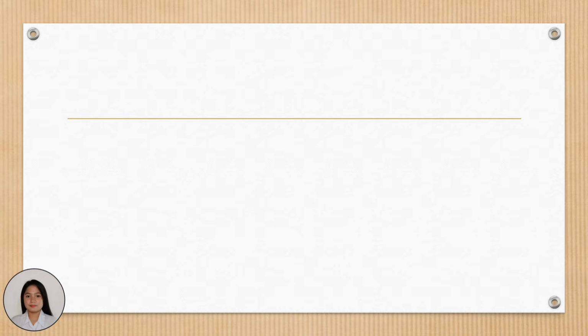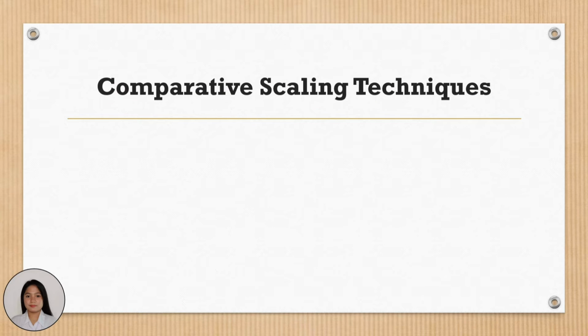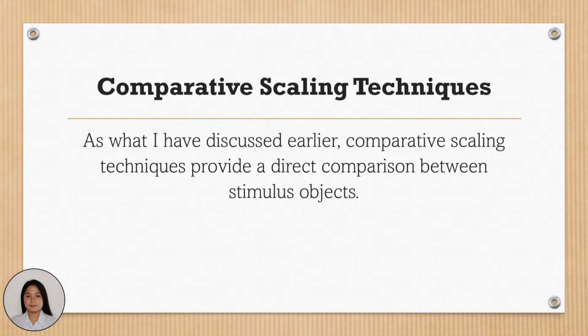Next is 5.6, comparative scaling techniques. As what I have discussed earlier, comparative scaling techniques provide a direct comparison between stimulus objects. Dito, walang choice ang consumer kung hindi mamili sa isa sa dalawang pagpipilian o maaaring higit pa sa dalawang pagpipilian.